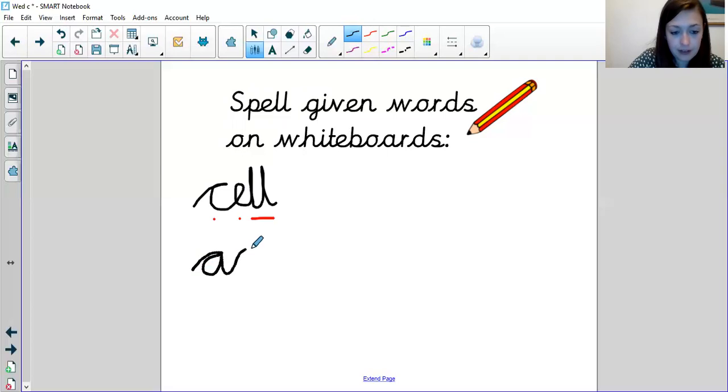A, C, I, D. And we always dot our I's and cross our T's when we finish the word, if we're doing our beautiful joined up handwriting. Let's put the sound buttons on. Acid, acid.